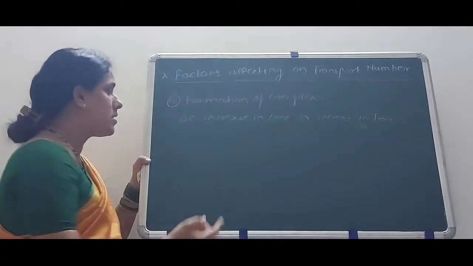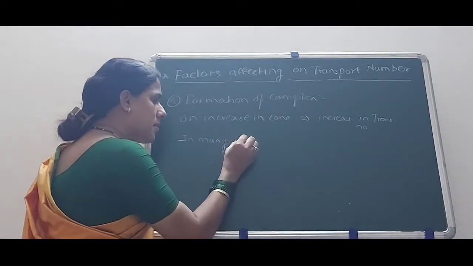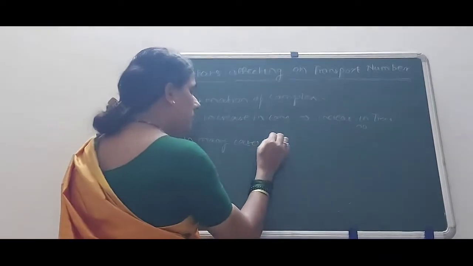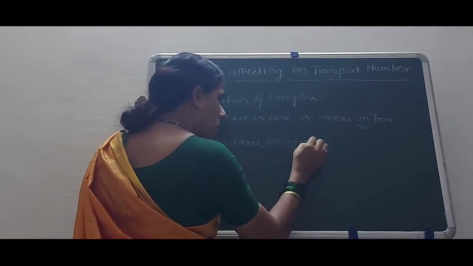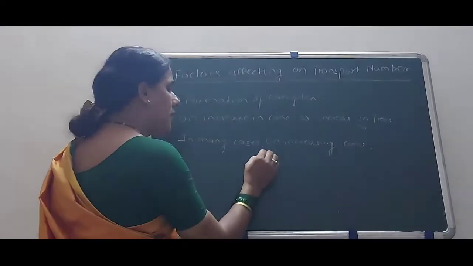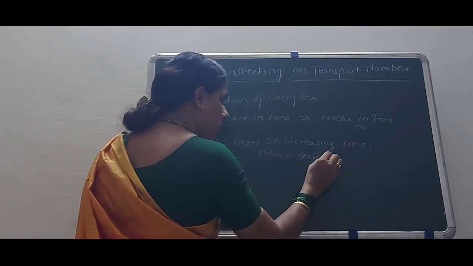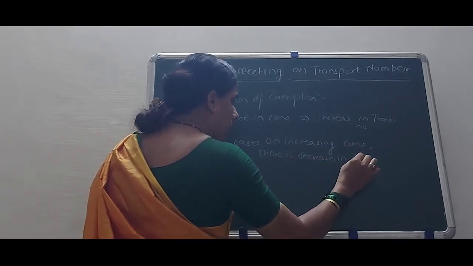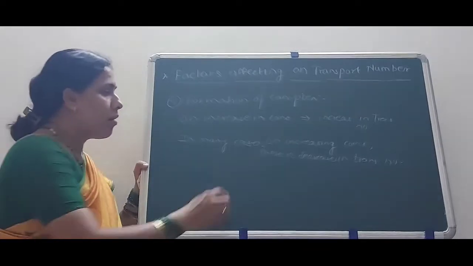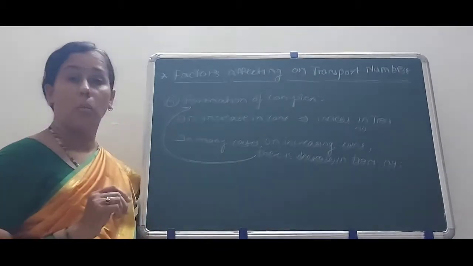But in many cases, on increasing concentration, there is a decrease in transport number. Why does this happen? It is due to the formation of a complex.